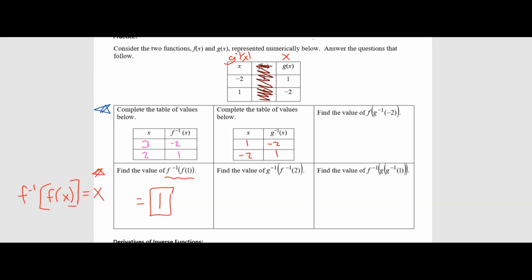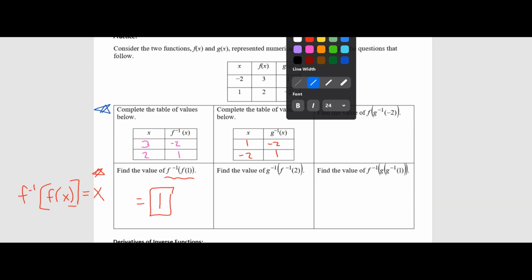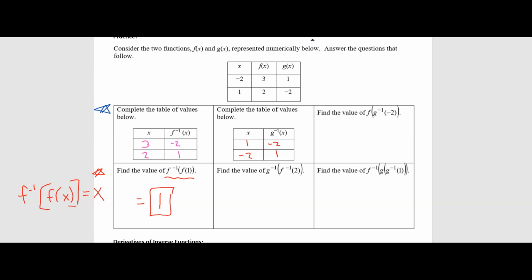And you could actually look at the table and just check this real quick, right? Actually, we already have our 2 boxes labeled. So f of 1 is 2. All right, that's f of 1.